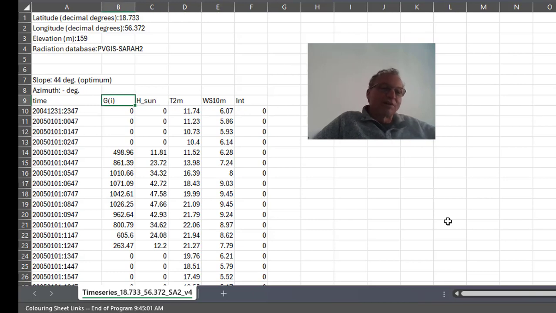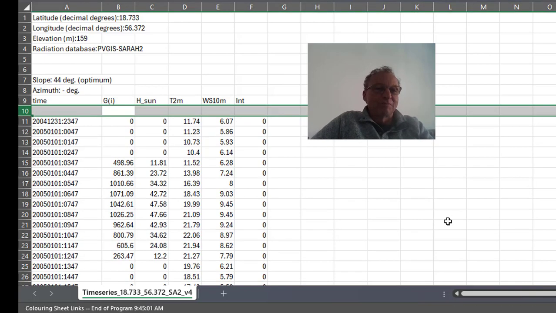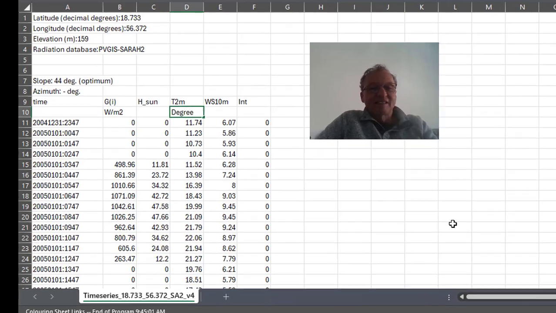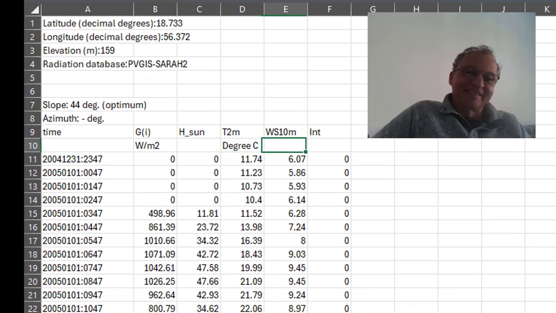So they have this one, which is the, if we're really careful here, we would put this as watts per meter squared. This would be, I'm not sure, but this would be degrees centigrade, not Fahrenheit, okay.